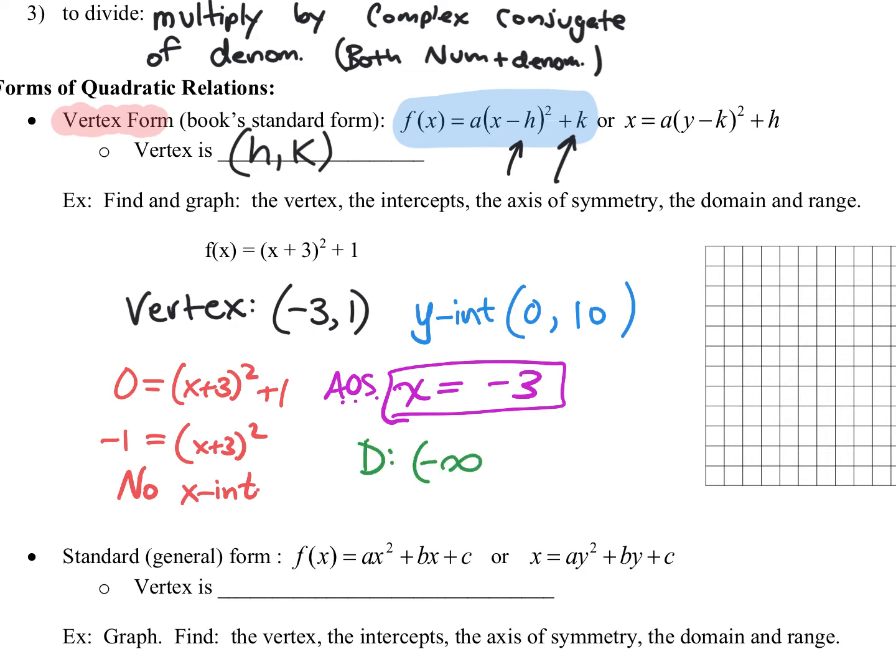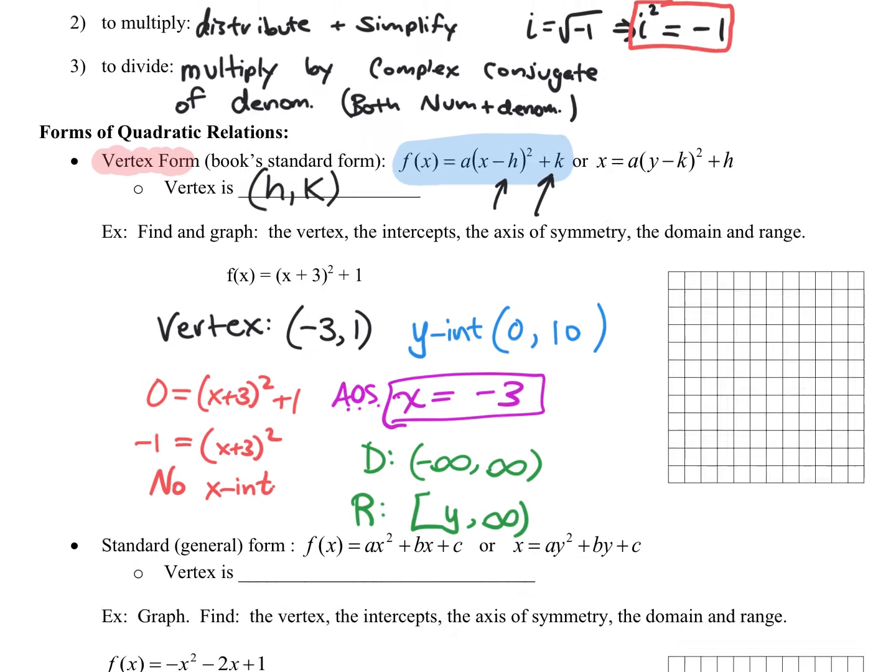It will go from -infinity to infinity. And our range depends on the vertex. It depends on the y value of the vertex and the direction our parabola opens. In this case, our parabola will open upwards, so our range will start at +1 and go to infinity.